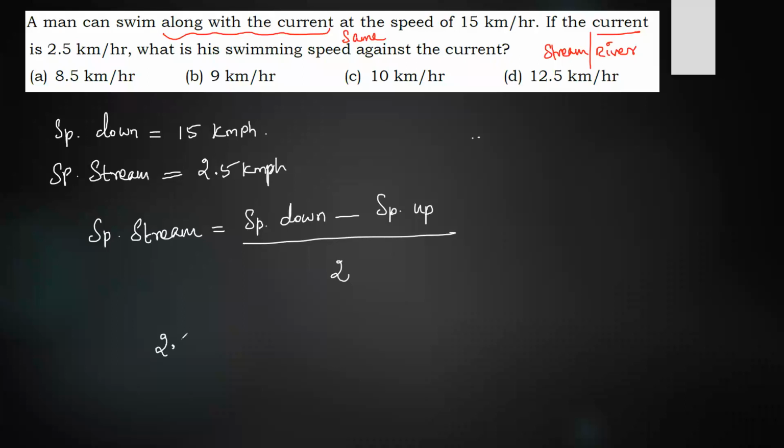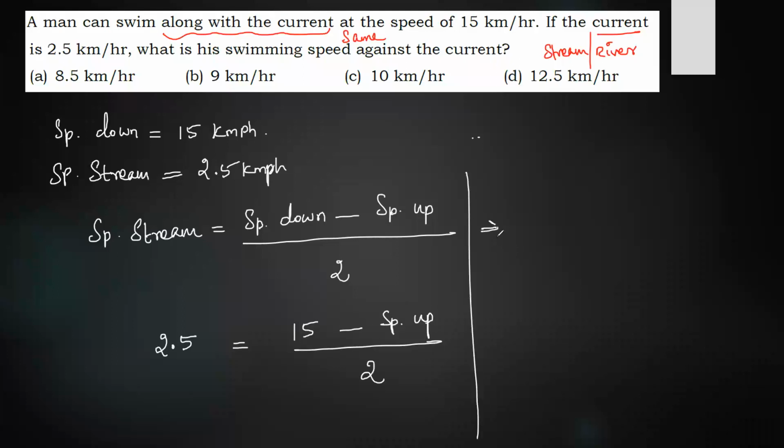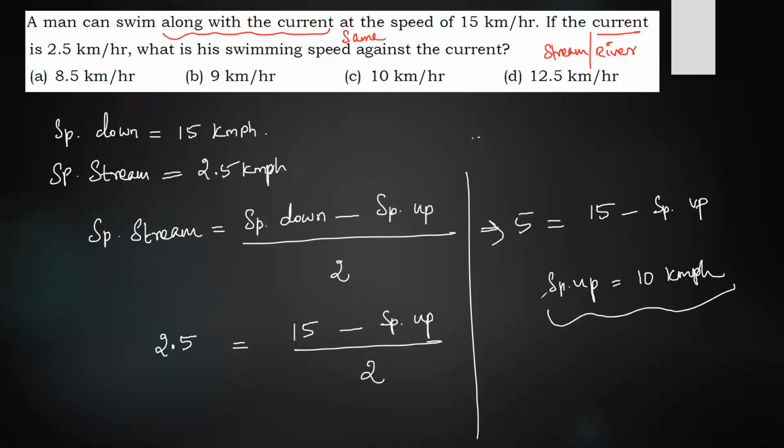We need to find what is swimming against the current, so we need to find the upstream, right? Using the stream formula, speed of stream equals speed of down minus speed of up divided by 2. We know that speed of stream is 2.5, down is 15, up you need to find. Cross multiplied, you will get 5 equal to 15 minus speed of up.